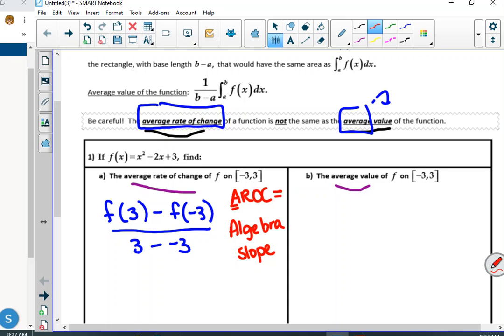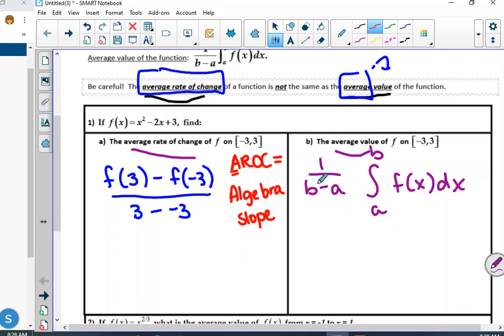However, the average value of the function is the average value calculation formula. And so that's 1 over b minus a times the integral from a to b of f of x dx. If you think about it, you're accumulating, adding up all the function values from a to b, and then dividing by the interval from a to b.